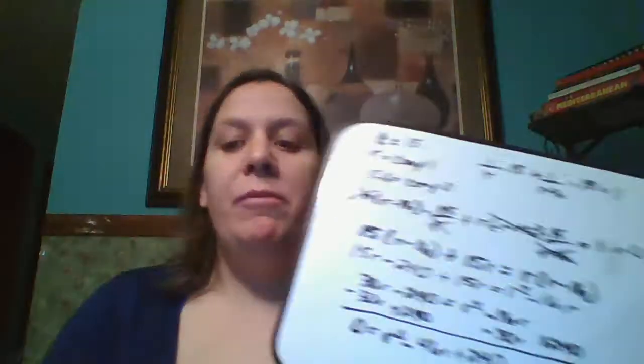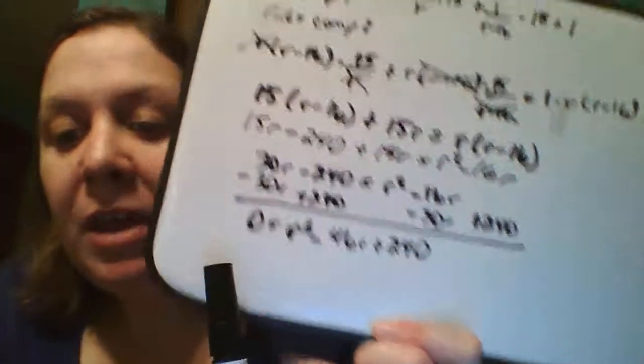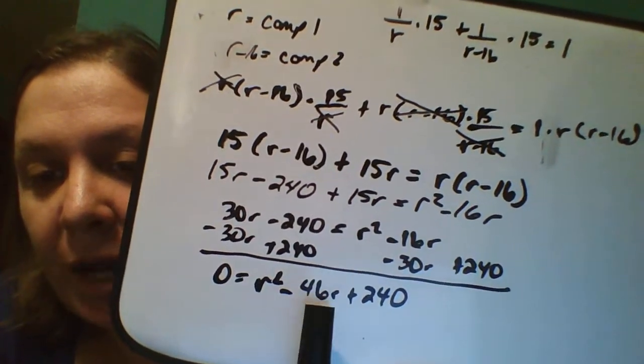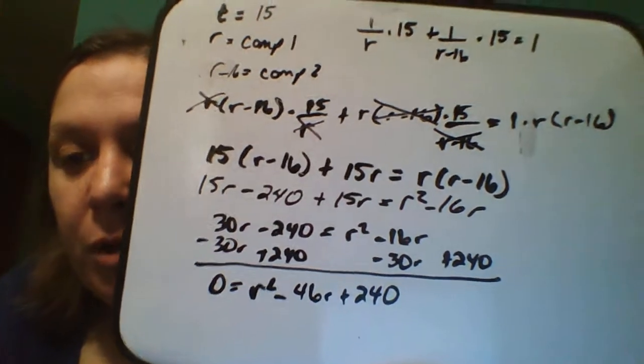Okay, so what we're left with is 0 is equal to r squared minus 46r plus 240.